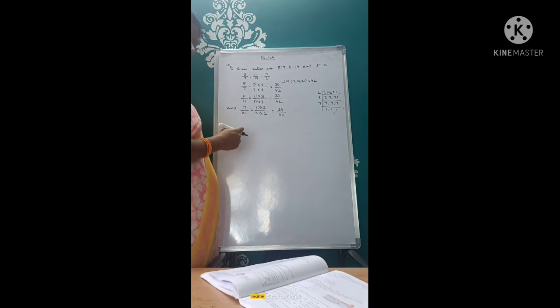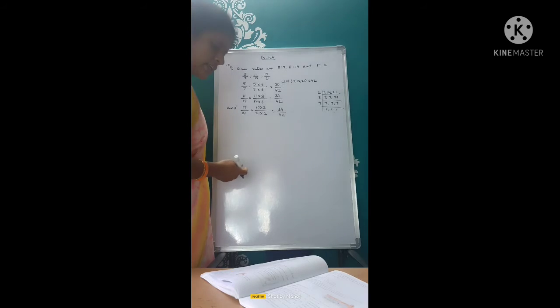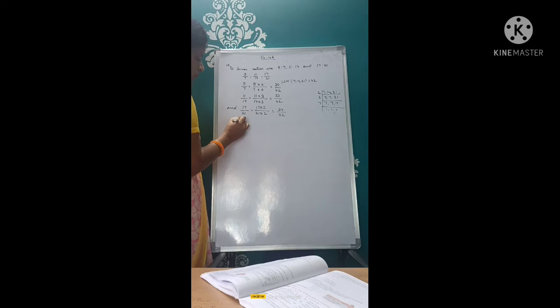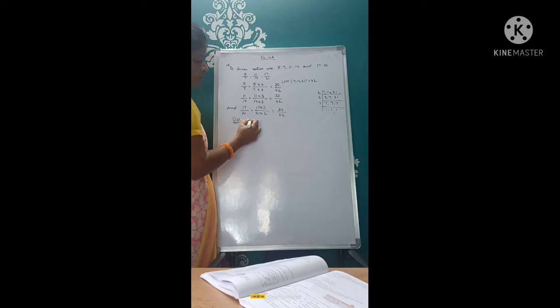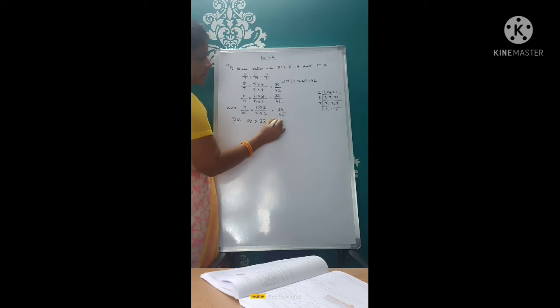Now all these fractions are like fractions. So you have to write in descending order. Descending order means what? Big to small. So you just compare the numerators. So which is the bigger one? 34. So 34 is greater than 33 is greater than 30. So write down the fraction. 34/42 is greater than 33/42 is greater than 30/42.